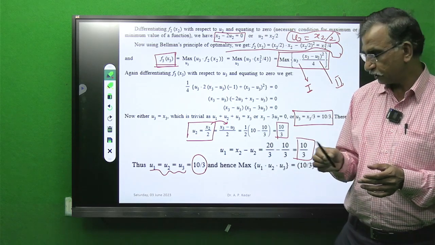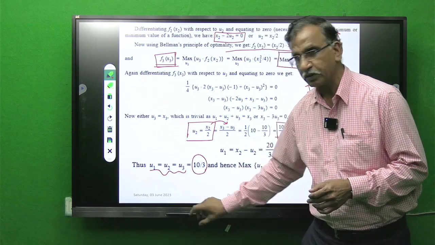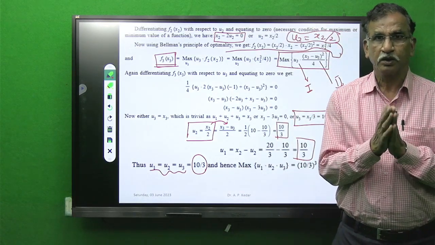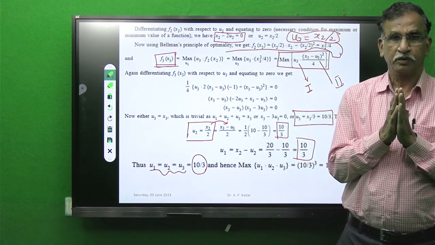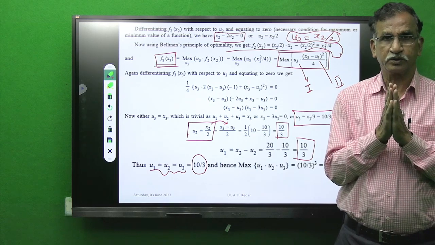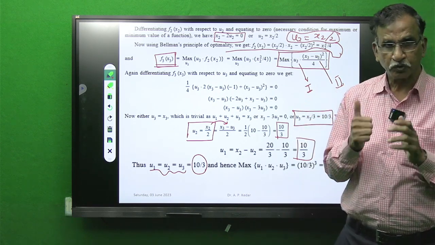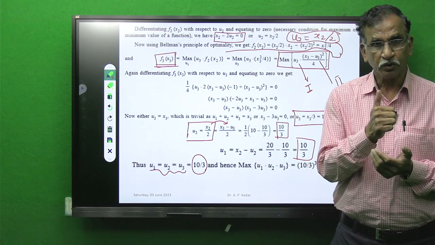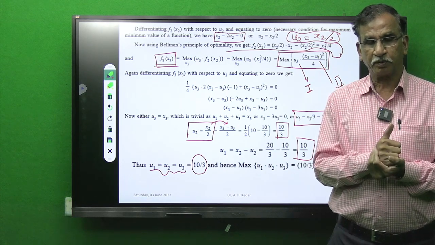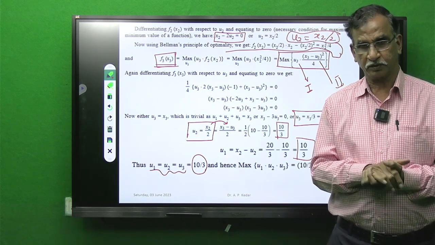Remember, if it is a discrete variable problem, when you are finding the solution, use the method of tabular calculation. Whenever you are finding the solution to a continuous variable problem, use the calculus method.